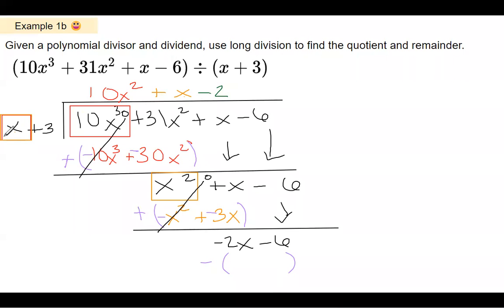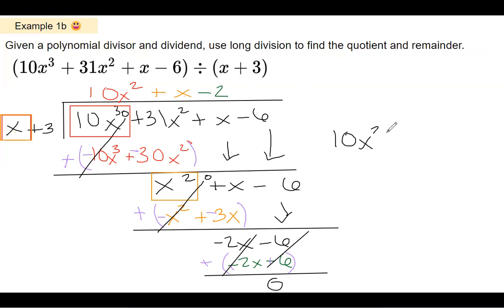I have negative 2 times x is negative 2x. And negative 2 times 3, negative 6. What do we do with this negative value? Change the sign. So this time I have the following items. We have negative 2x plus 2x, 0, and negative 6 plus 6, 0. So what is my remainder? 0. So what is my result?